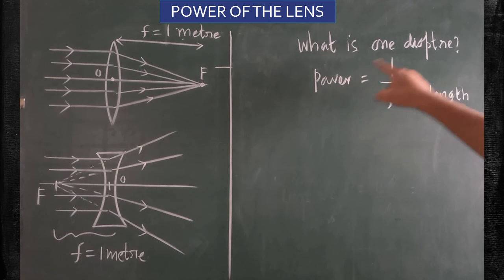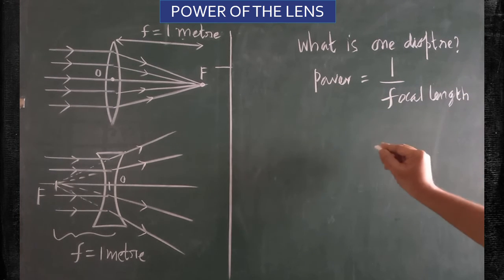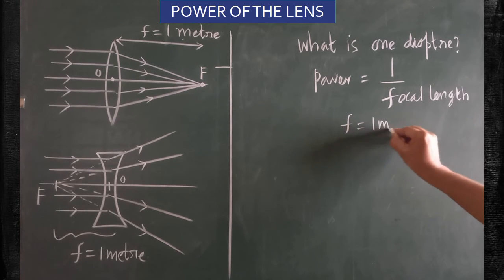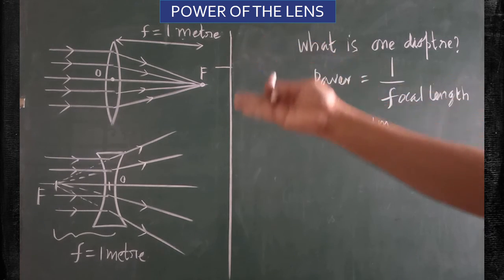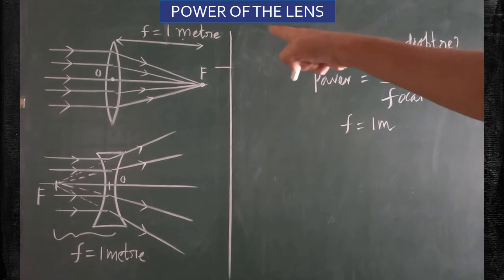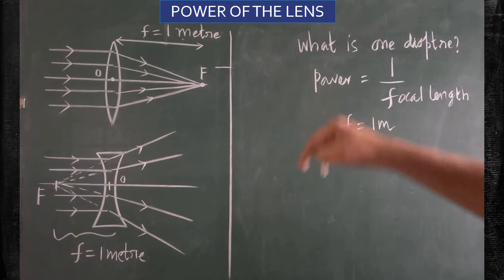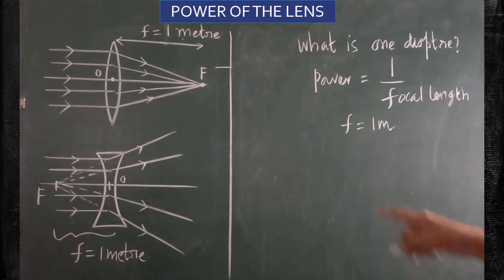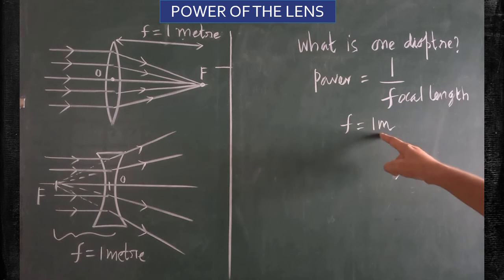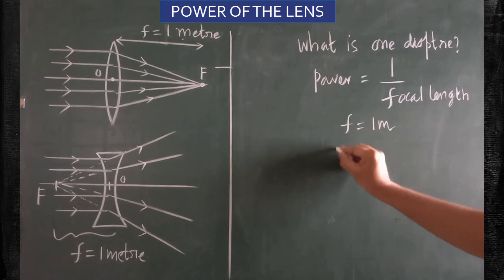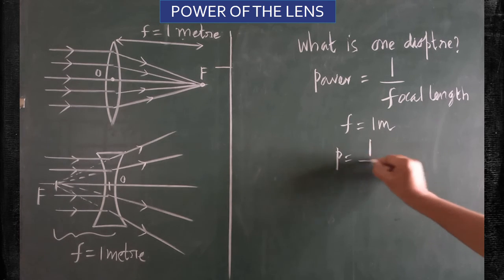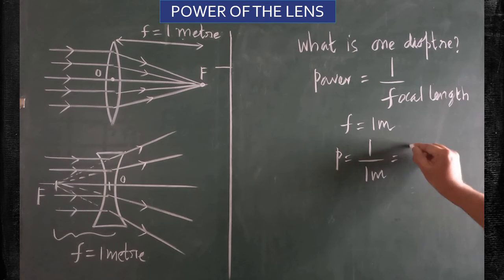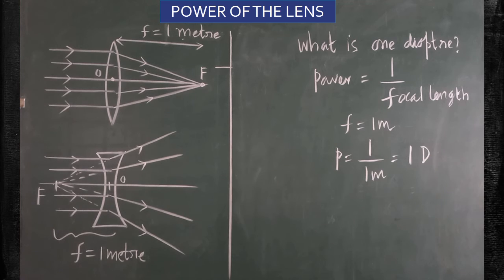When will this power be equal to 1 diopter? If the focal length is 1 meter, whether it is a convex lens or a concave lens, substitute here: P is equal to 1 by 1 meter, 1 by 1 is equal to 1, that is 1 diopter.